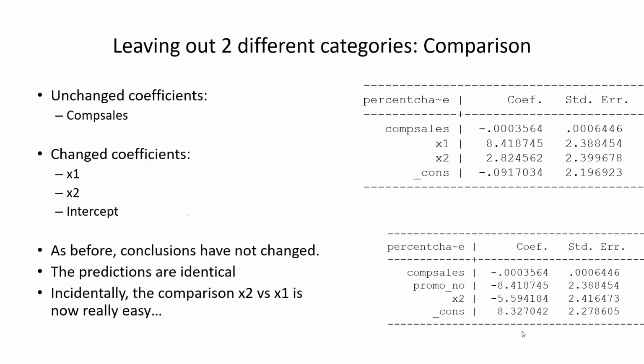And the comparison between x2 and x1 is really easy now because we left out x1. So we can directly compare x2 versus the left out category, and we see that the difference is minus 5.59. And x2 is not as good as x1.